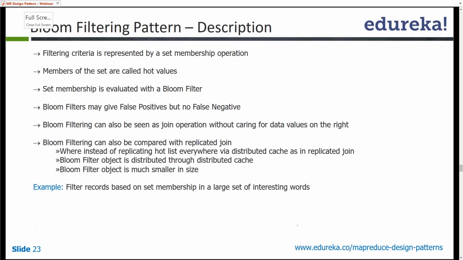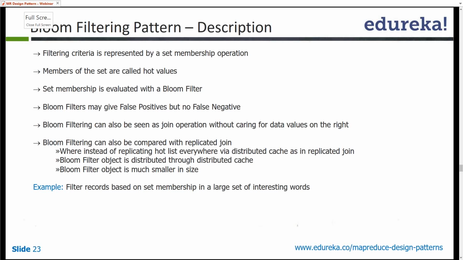So Bloom filter helps by maintaining a set membership. Okay, so the records which have to be filtered in are actually part of a set, and anything which is part of this set is called hot values. Now you might say, why is Bloom filter required for that purpose?